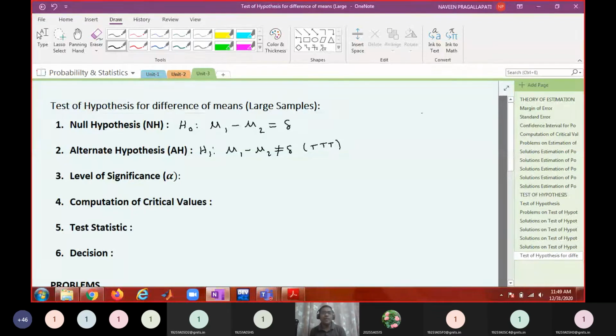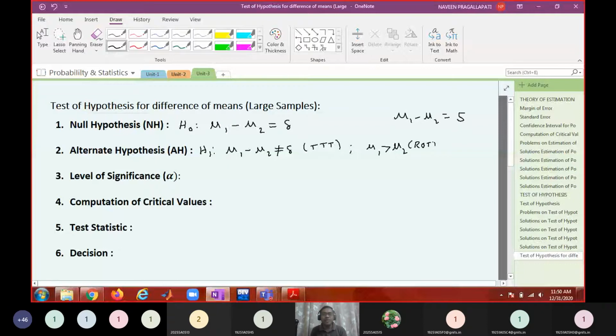If delta is positive, what do you mean by that? Let us say mu1 minus mu2 equal to some 5. So which one is higher? mu1. So in that case, I may test mu1 greater than mu2. What is this test called? Right, one-tailed test, because the greater than symbol is there.